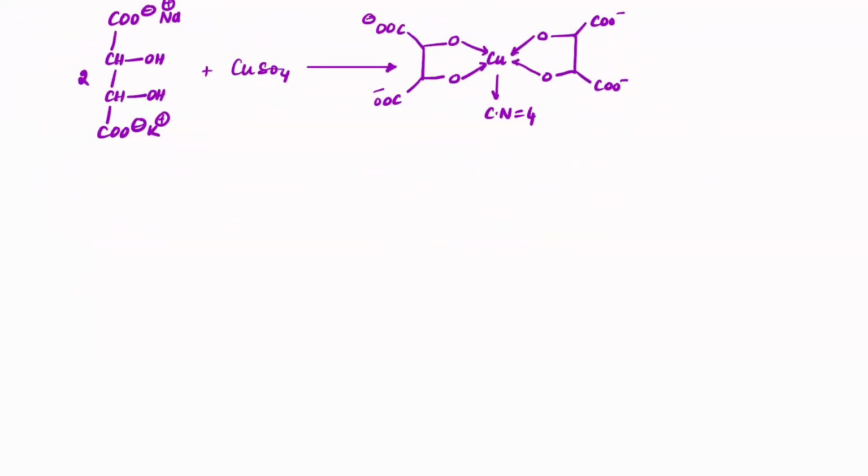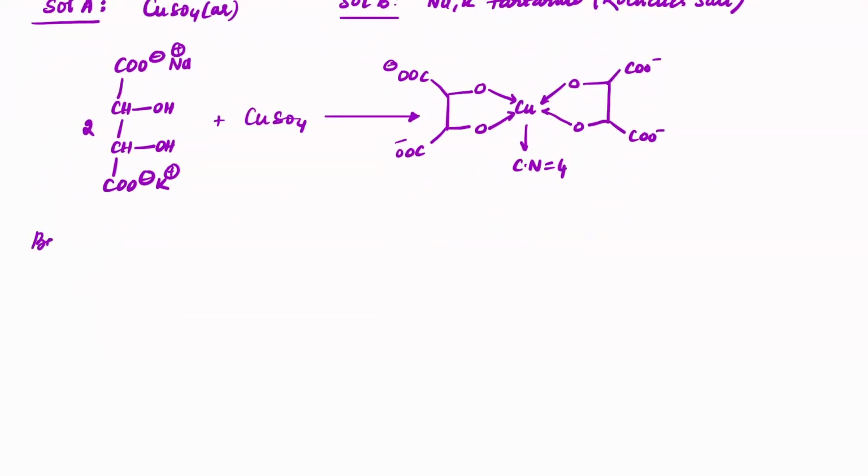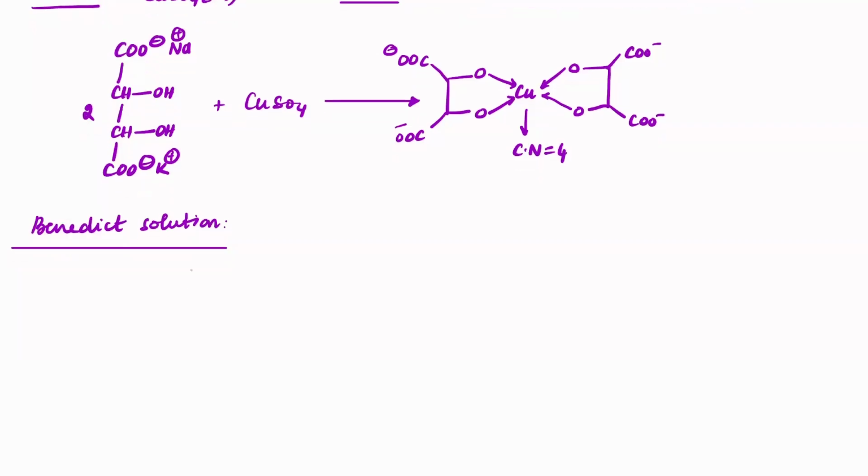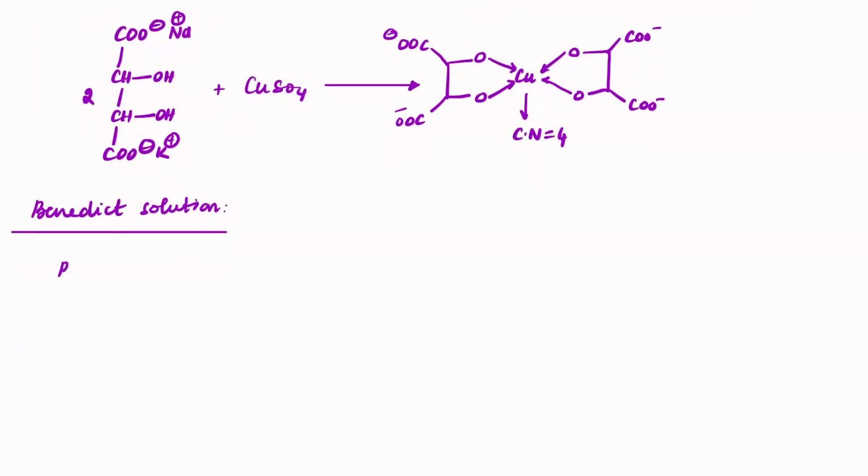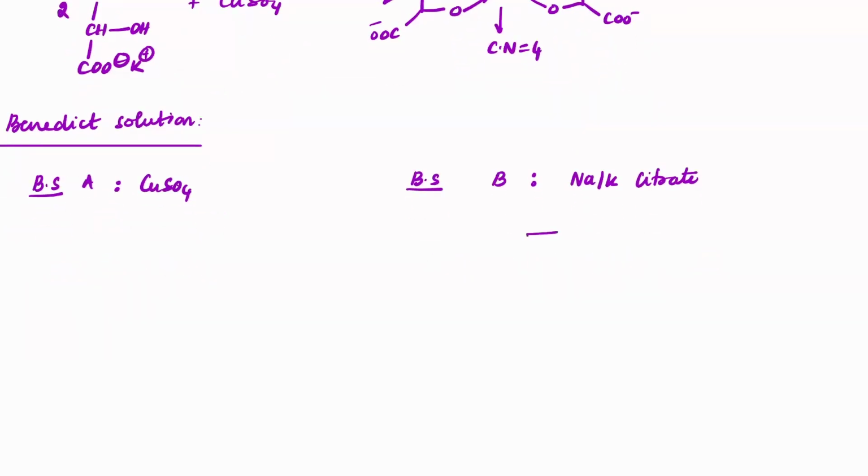So in case of Benedict solution, Benedict solution A and Benedict solution B. A is copper sulfate and B is sodium potassium citrate.